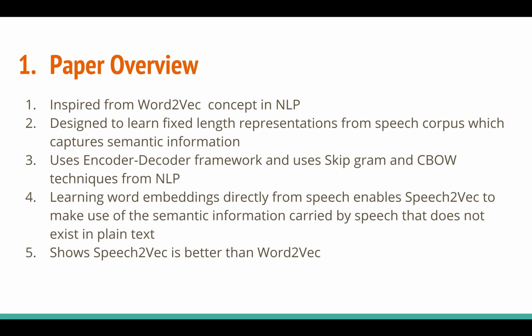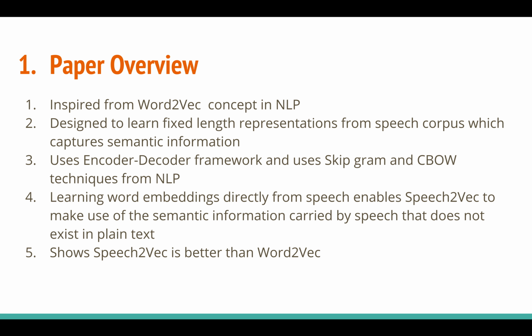And this paper uses an encoder decoder framework, just like in sequence-to-sequence models, which uses recurrent neural networks, and also uses some inspiration from skipgram and continuous bag of words models, which are from the NLP domain. Then as I said, these embeddings represent the semantic information about the word.